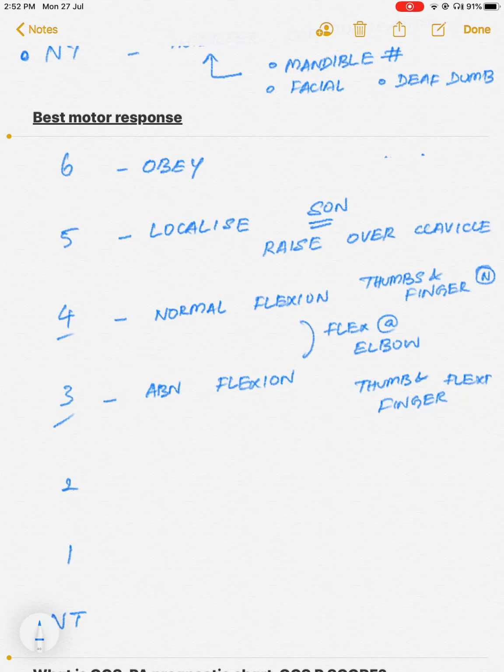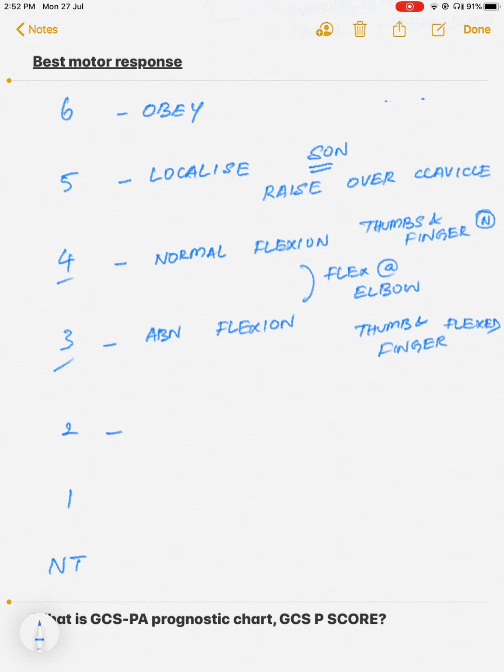So that is the difference. Then we have abnormal extension, which means both the extremities will be in extension, and if there is no response, then that is going to be called 1.